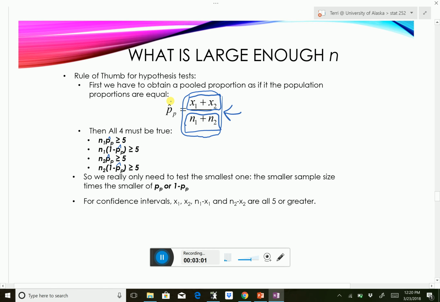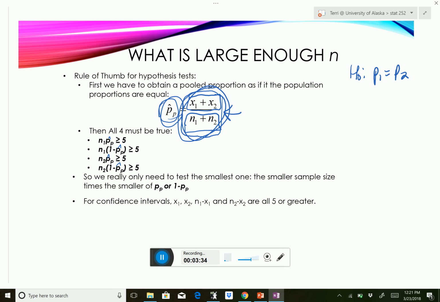Because if the two populations are exactly the same under the null hypothesis, which is what we're going to be doing, P1 is going to be equal to P2. And if that's true, then it is just one population, and the P hat is an estimate of that population, the best we have right now. So N1 times P pooled hat is greater than or equal to 5. N1 times 1 minus P pooled hat is greater than or equal to 5. And the same for N2. So we only really need the smallest one.